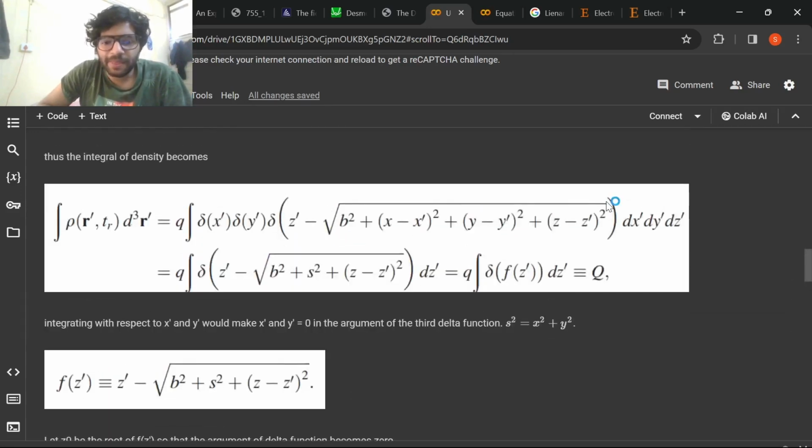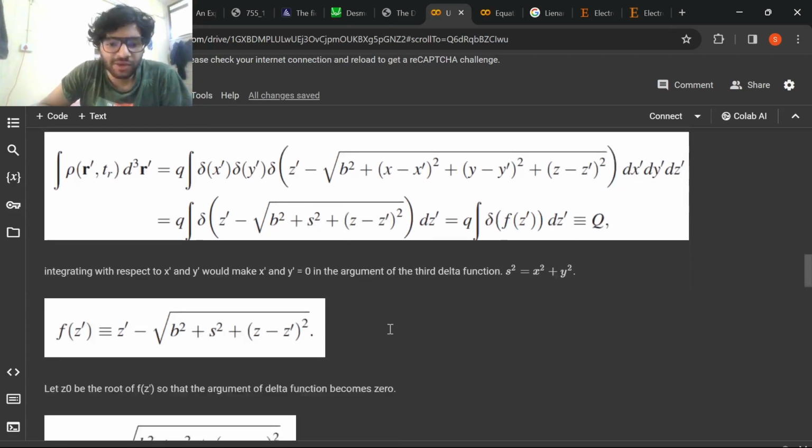Then when we integrate with respect to x dash, the x dash goes to 0, and with respect to y dash it goes to 0, and we get del of z dash minus root of b square plus s square plus z minus z dash whole square. And then we take this as f of z dash, and all of this is equal to a value Q. Here s is root of x square plus y square.